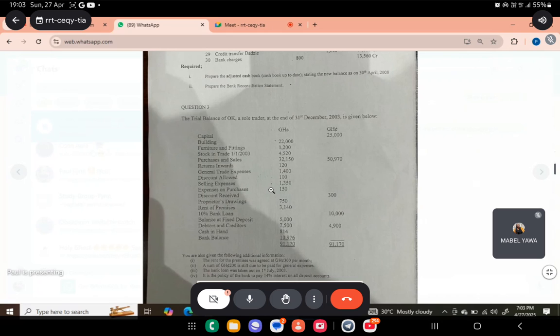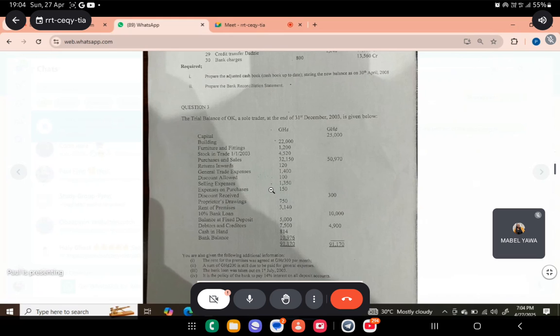And I told you that the ones that we are treating in the income statements are incomes and expenses. What I mean by income is revenues and gains, and expenses is a cost that has been consumed. So anything that is a cost that has been consumed is an expense. So you should know that.